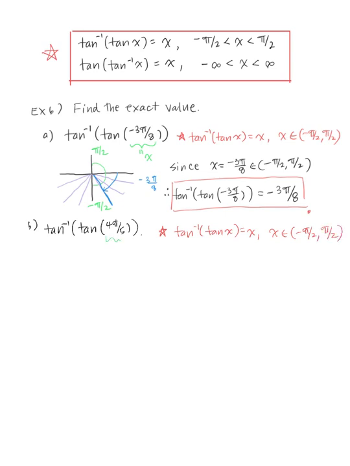In this case, our x is 4 pi over 5. Now, the step after that is you need to determine whether 4 pi over 5 is in fact between negative pi over 2 and pi over 2. I don't think so, because 4 pi over 5 should lie in quadrant 2. I'll draw you a picture in a minute.